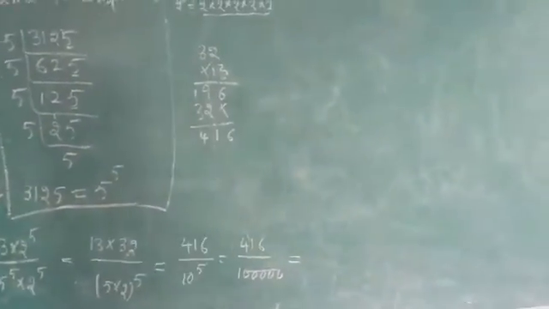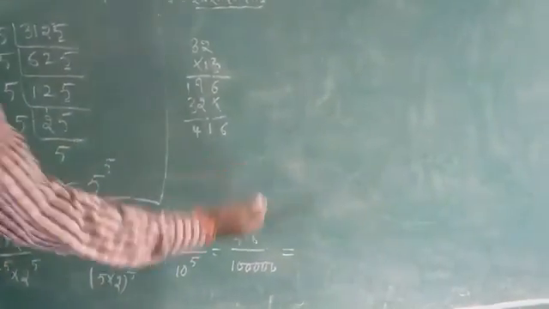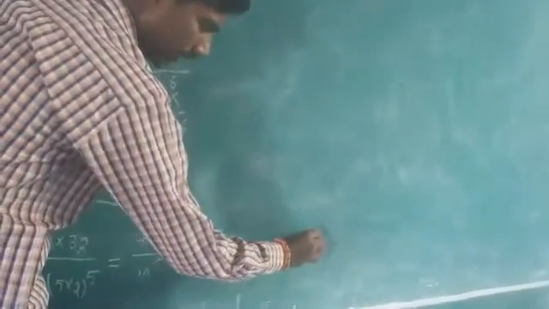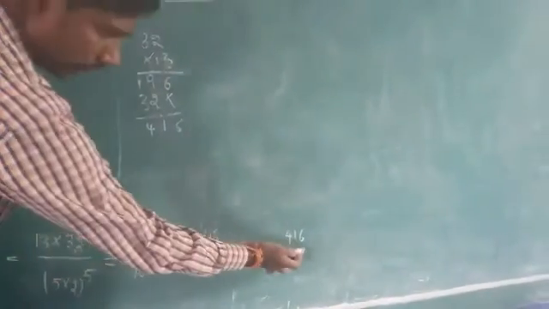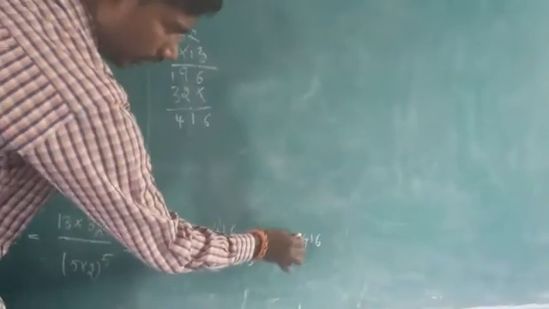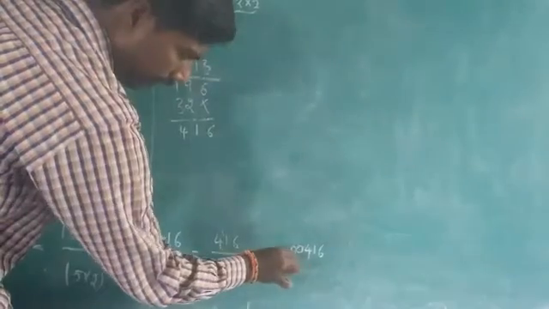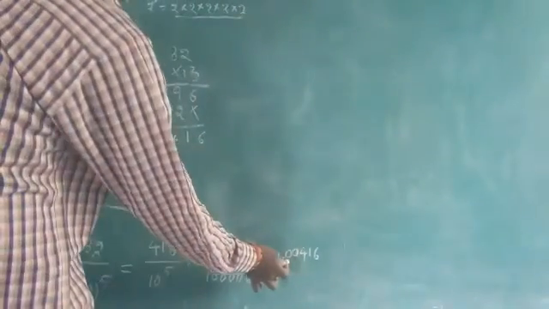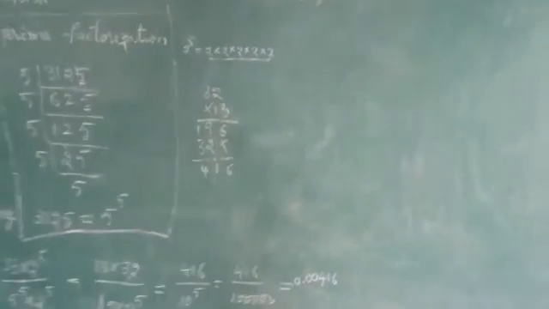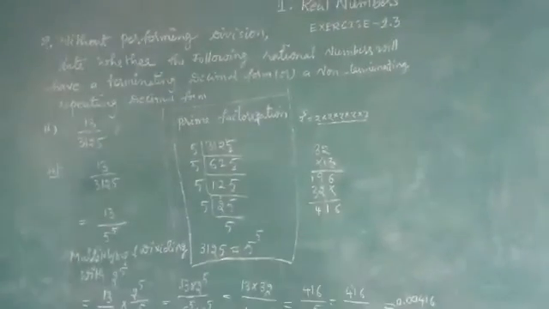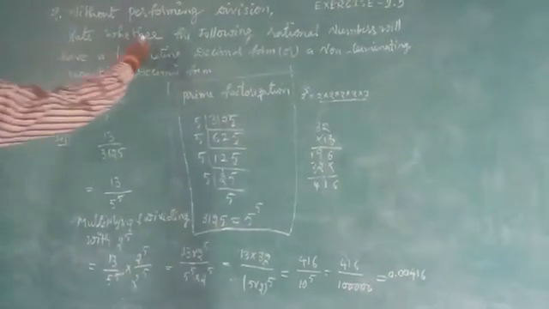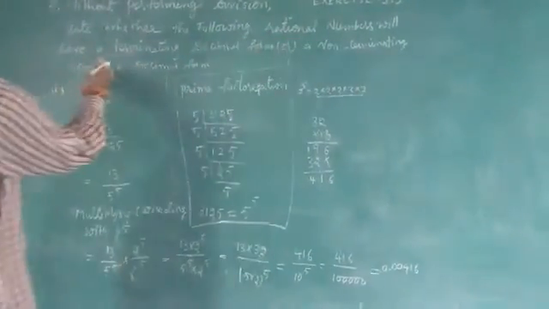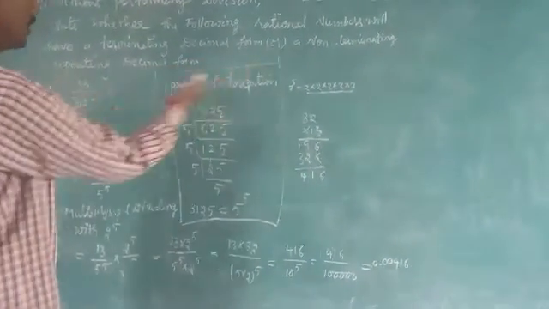So you can tell the denominator is a terminating decimal only. I am writing it in decimal form. So let me write 416. You need to count from the ones place, 1, 2, 3, 4, 5. So the answer is 0.00416. So you can tell whether the rational number has a terminating or non-terminating decimal.